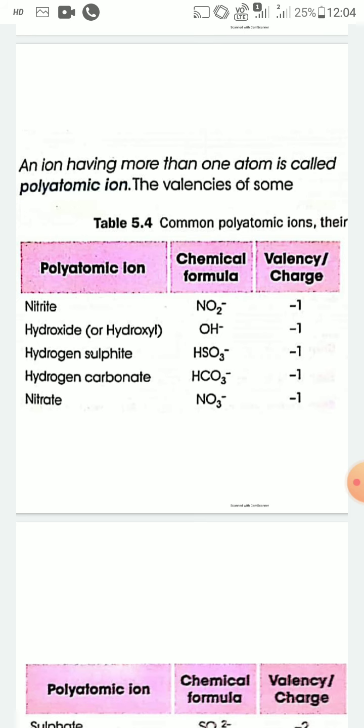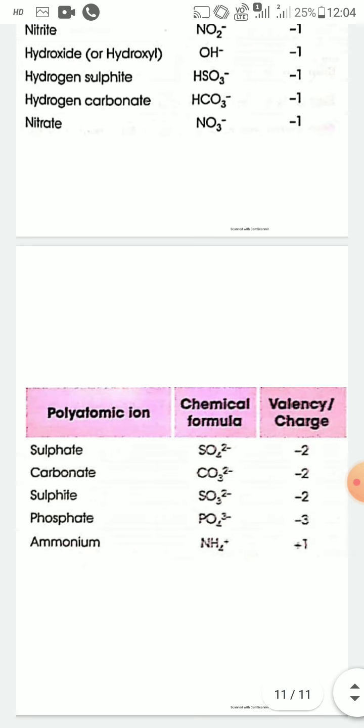Hydrogen carbonate has formula HCO3-. The charge of HCO3- is -1, but the valency is only 1. Nitrate NO3-: valency is 1 but charge is -1. Some other polyatomic ions: sulfate SO4 2-, valency 2, charge -2.